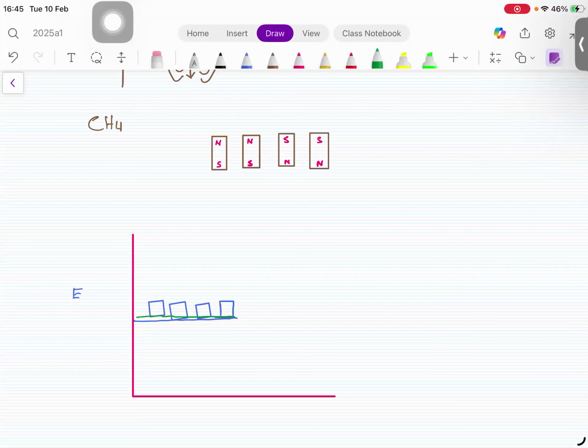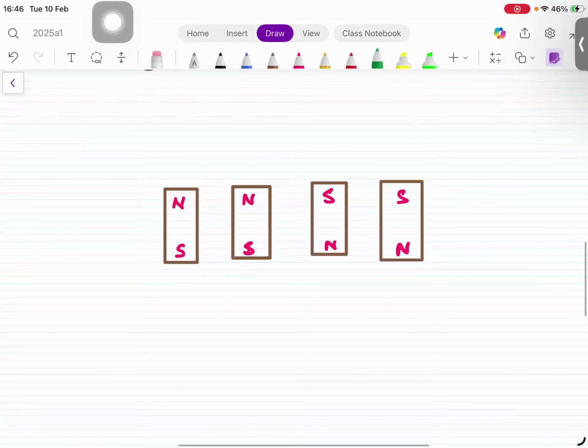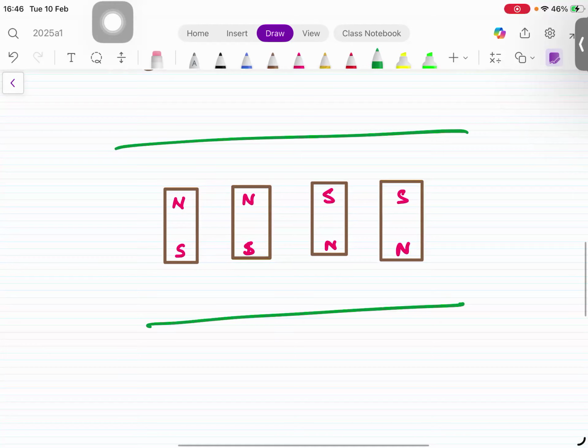Now what I did, I placed these tiny magnet bars into a bigger external magnetic field. Just like imagine, you take a compass needle and put it in a bigger Earth's magnetic field. So what does the compass do? It has to align itself with the external magnetic field. But obviously they cannot.